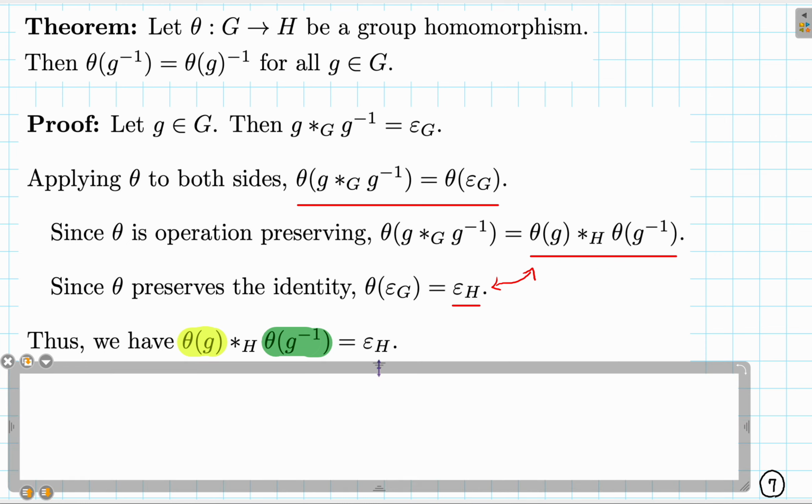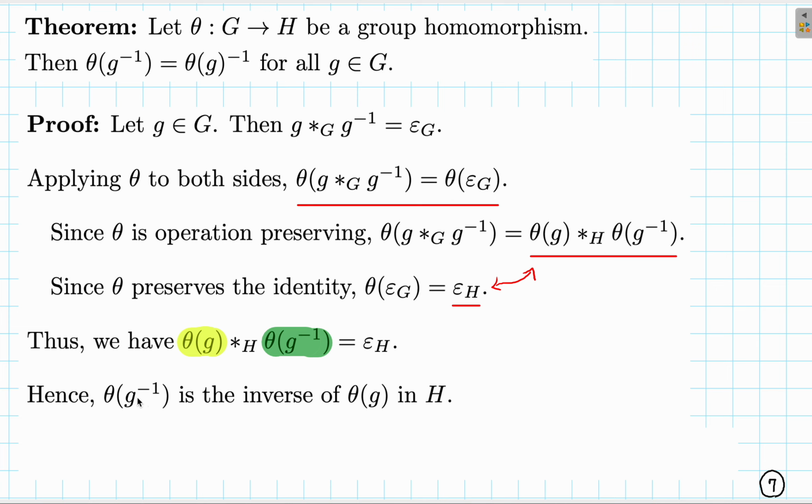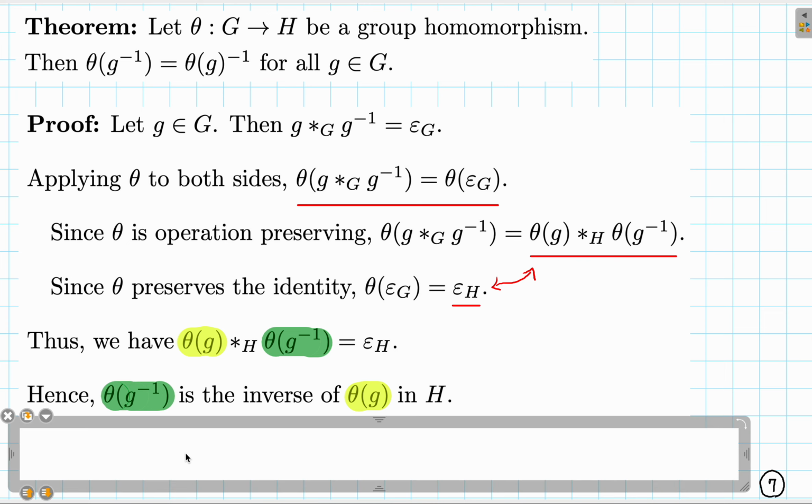In other words, theta of g inverse, that's our green element, is the inverse of theta of g, our yellow element, in H. So let's translate that into symbolic form.